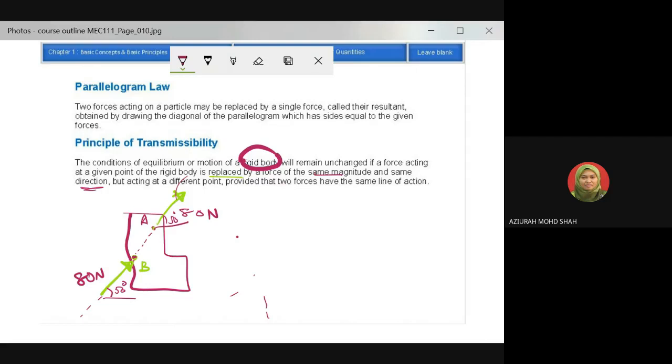Sama je, yang penting you mention this point. Different point, same magnitude, same direction, same line of action. So these are the principle of transmissibility.